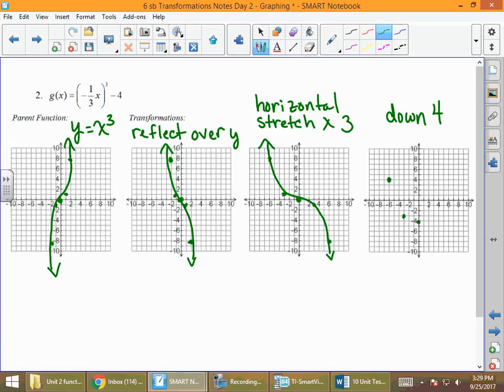And 3, negative 1 becomes 3, negative 5. And 6, negative 8 becomes 6, negative 12. And I'll continue this in our next recording session.